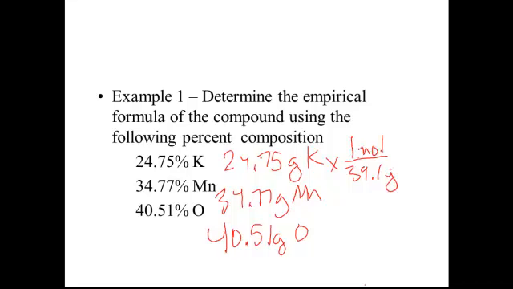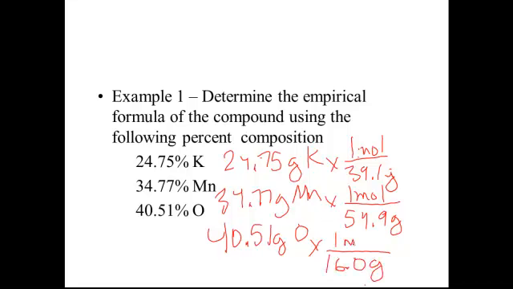The mass of manganese is 54.93, so we can round that to 54.9. And remember, if you just go out one decimal place, you're fine on the masses. And oxygen, 15.99, so that's going to be 16 or 16.0 in 1 mole.